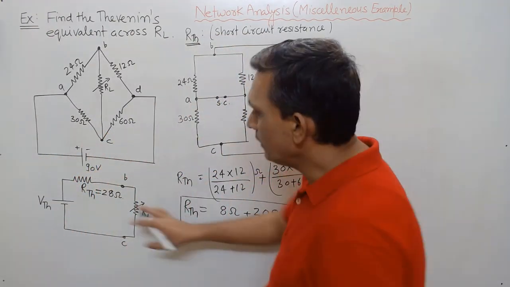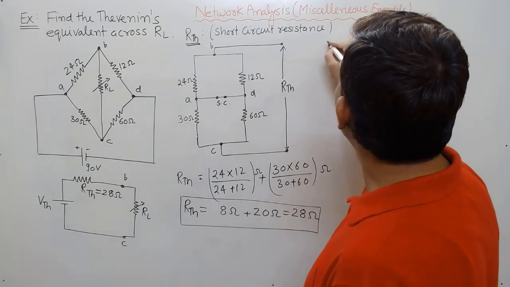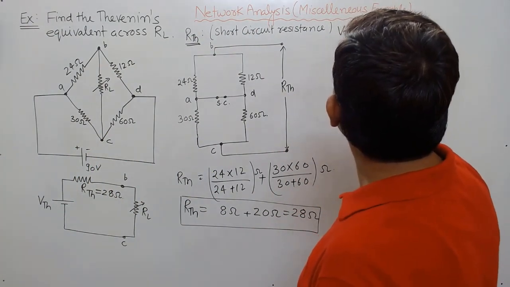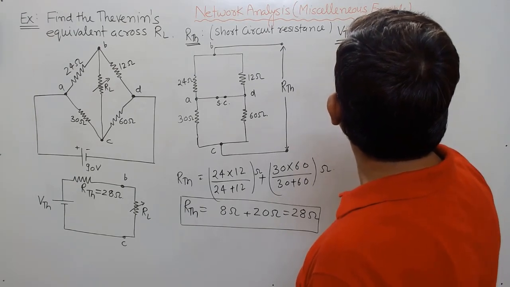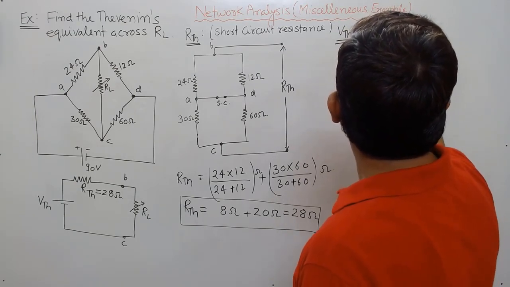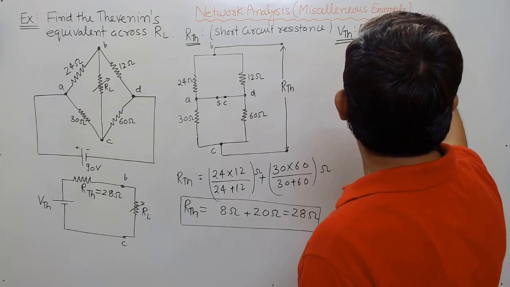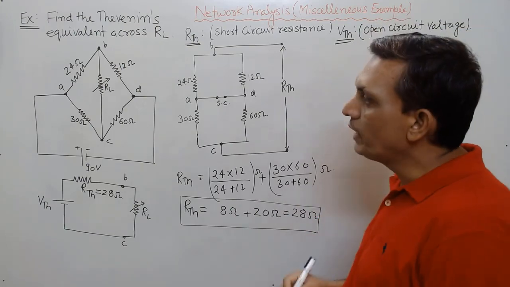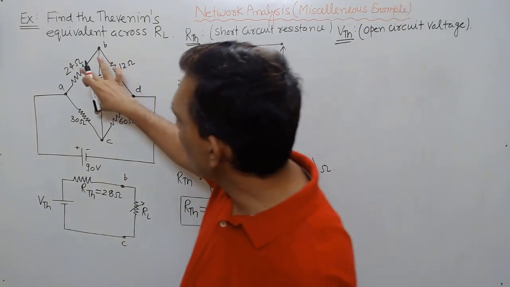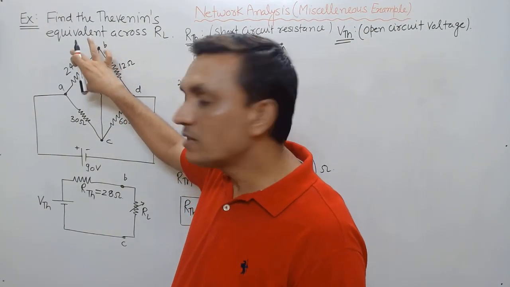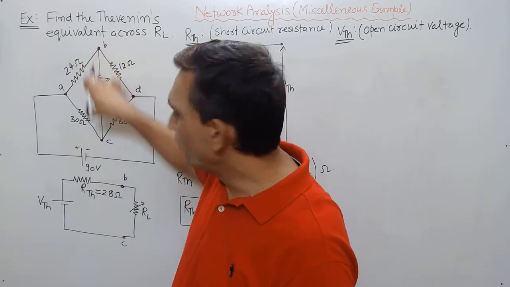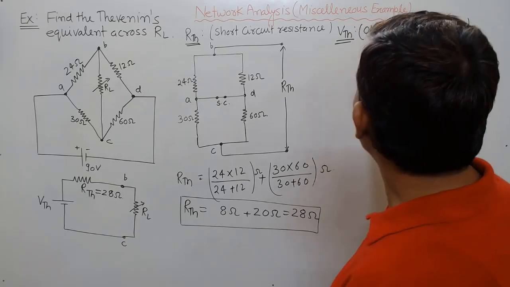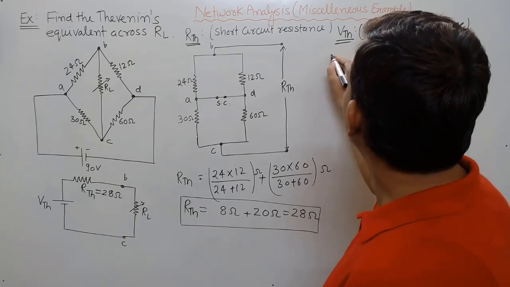Then you have to find VTH. So what will be VTH? VTH is the open circuit voltage. You have to find the open circuit voltage, means remove the load resistance and measure the voltage across BC. So let us see the equivalent.